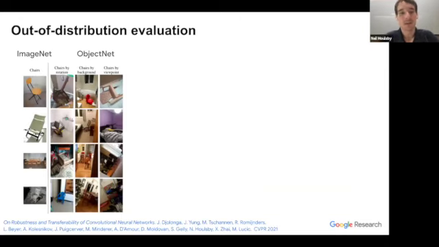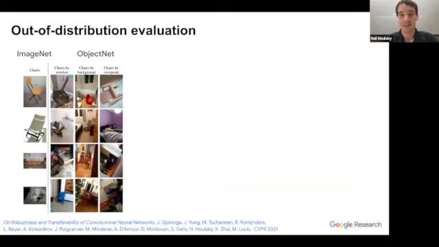Another question that could be asked is, okay, this is evaluation on clean data, but are these big networks brittle? If one shifts the test distribution a little bit, does the performance decrease? This is the ObjectNet test set.